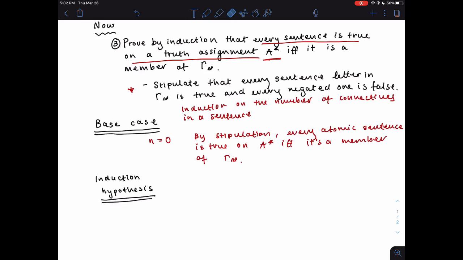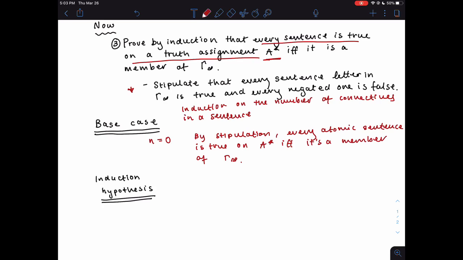Now we're going to move on to the induction hypothesis. So remember, in the induction hypothesis step of the proof by induction, you want to assume that the claim we're trying to prove holds for all of the things we're enumerating up until and including some number k. So again, we're doing an induction on the number of connectives in a sentence of SL. So let's phrase our induction hypothesis in this way.